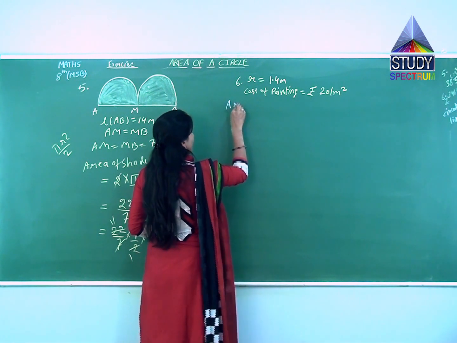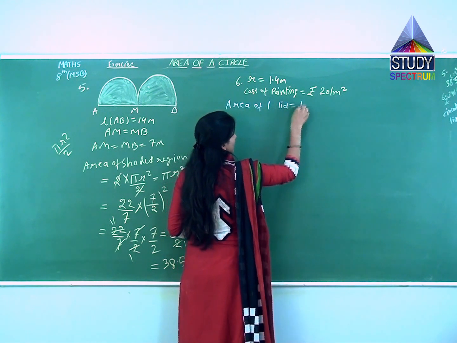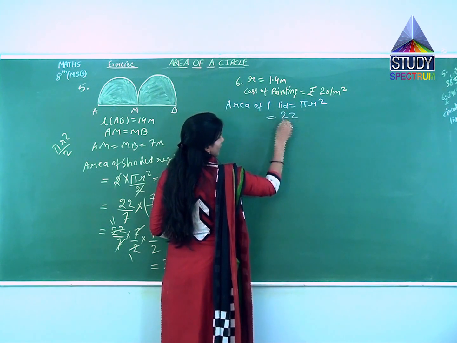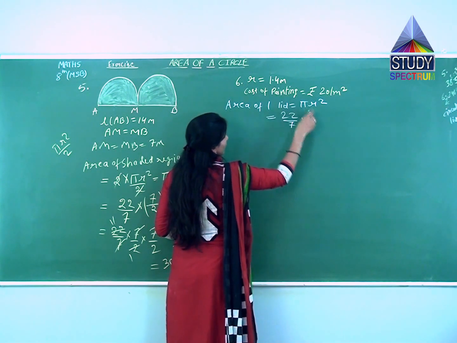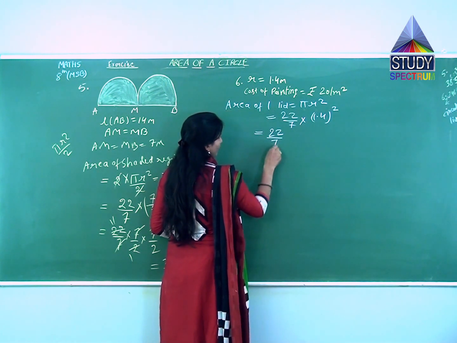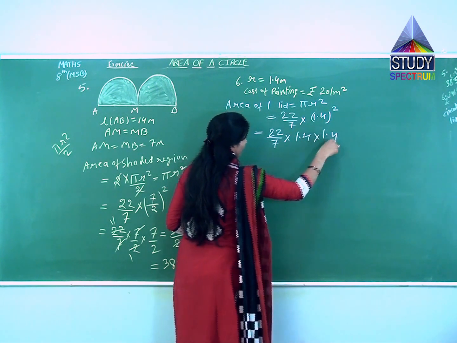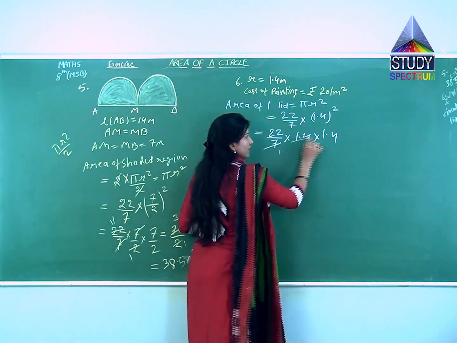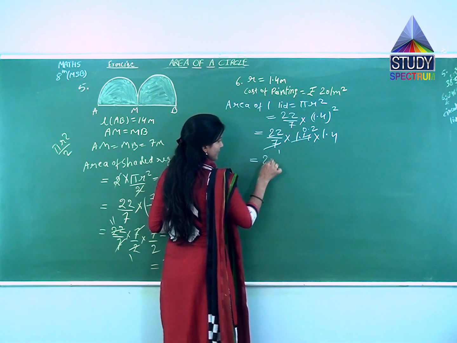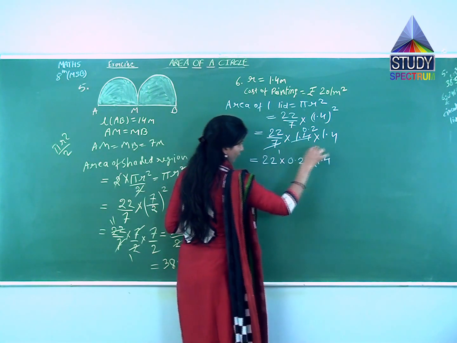So we will write here area of one lid, which is equals to pi r square. Pi 22 by 7 into r, 1.4 square. In the next step, 22 by 7 into 1.4 into 1.4. Now 7 ones are 7, 7 0.2s are 1.4. In the next step, 22 into 0.2 into 1.4.